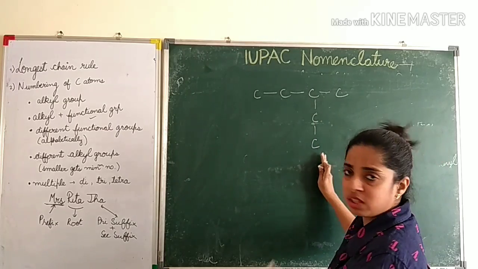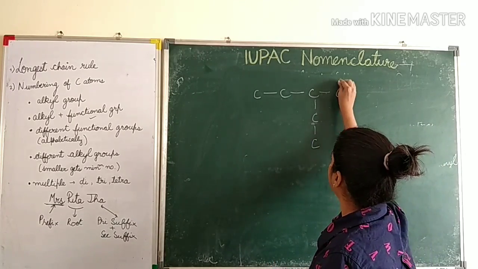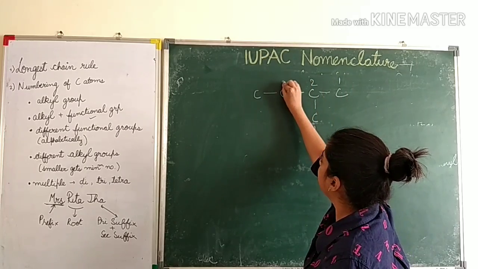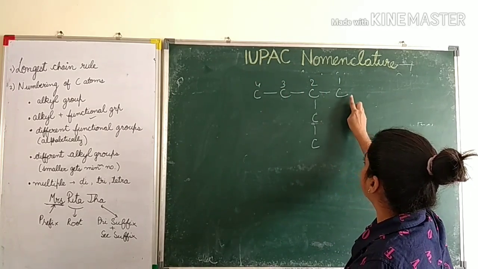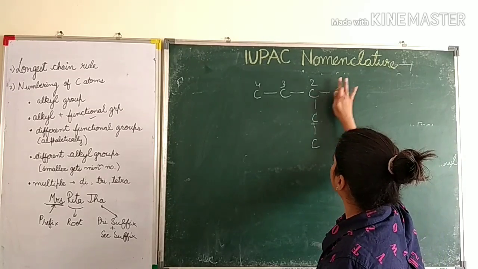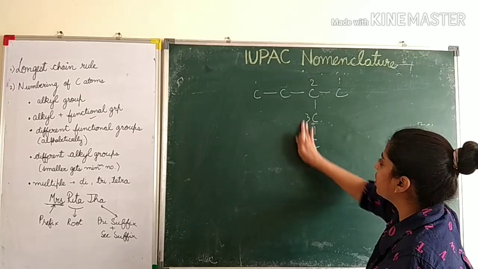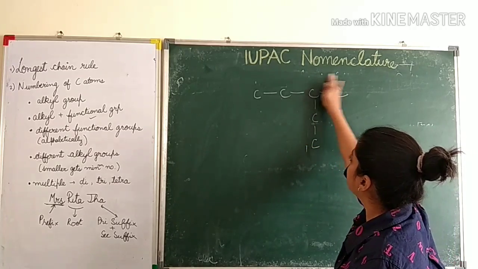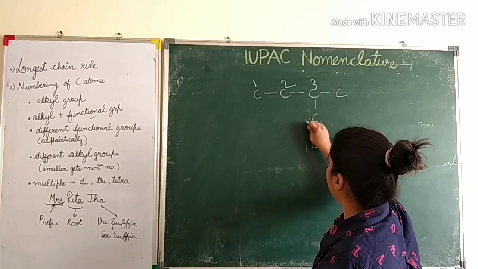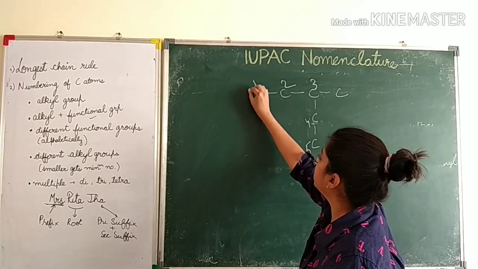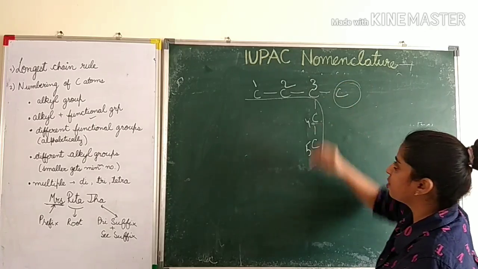All the hydrogens are satisfied. मैं सिर्फ कार्बन का मेन चेन बना रही हूँ. तो आप इसकी कैसे नंबरिंग करेंगे? सो अगर आप 1 2 3 4 ऐसे नंबरिंग करेंगे तो 4 कार्बन एटम्स की चेन होगी, ठीक है. लेकिन अगर आप इसको 1 2 3 4 ऐसे करेंगे तो भी 4 कार्बन एटम्स की चेन होगी. So you can number it like this, 1 2 3 4 5. So the longest chain is this. Okay, and then this acts as a substituent.